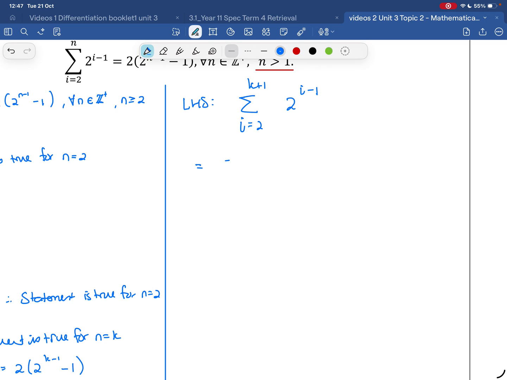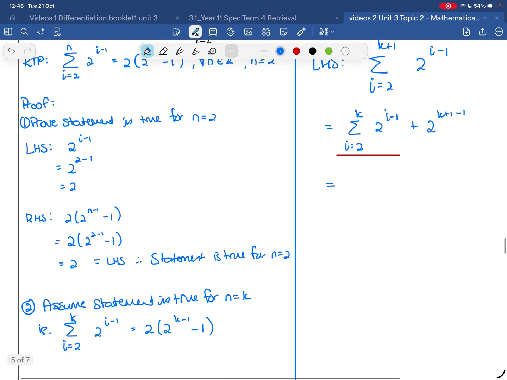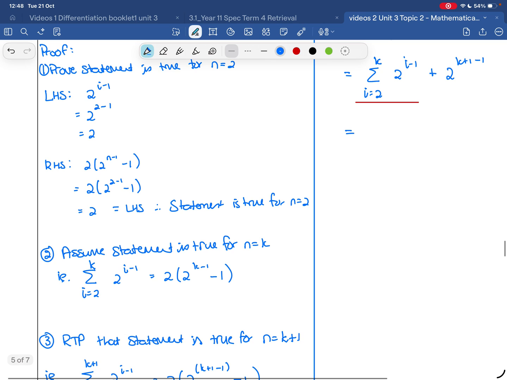So I could have written that as my sum from i equals 2 to k of 2^(i-1) plus 2^((k+1)-1). So that's my next term, right? And this part over here was my inductive hypothesis, and we assumed that was going to be true.